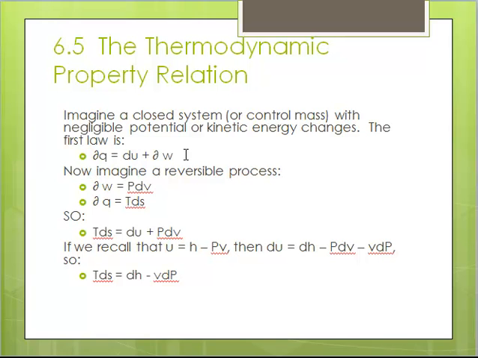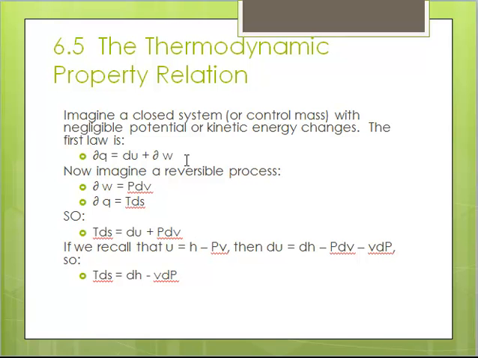So I'm going to envision a very special process, with no kinetic or potential energy changes, and I'm going to say that this is a reversible process. So if it's reversible, dq is TdS and dW is PdV. So I can plug those in and I end up with this.